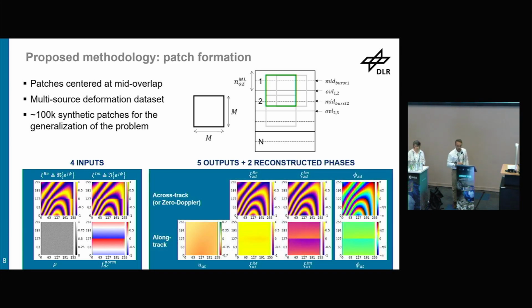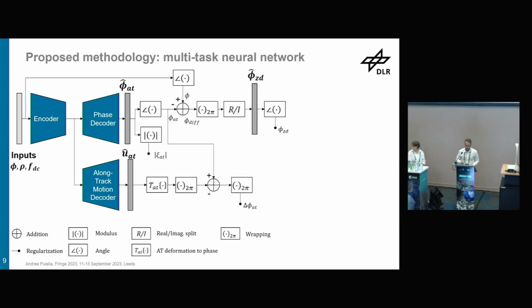The output instead will be 5, because we are working with the along track motion, and at the same time we are going to extract the real and imaginary part of the two components that can always be reconstructed afterwards.